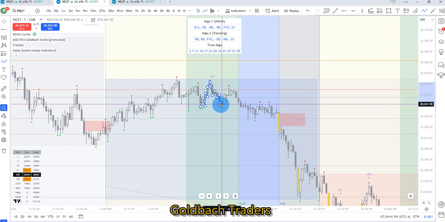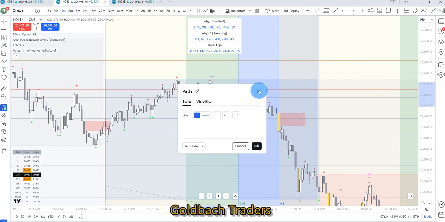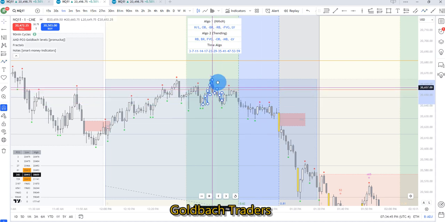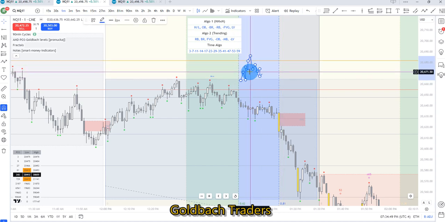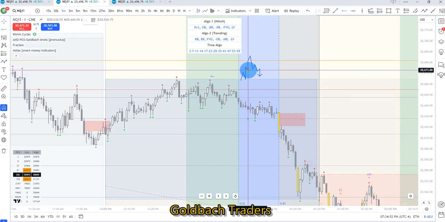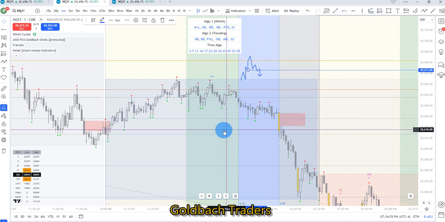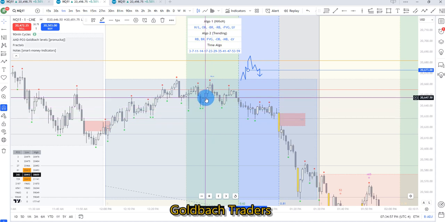All right, up. That's not actually a pivot right there. Okay, so we broke structure right here.